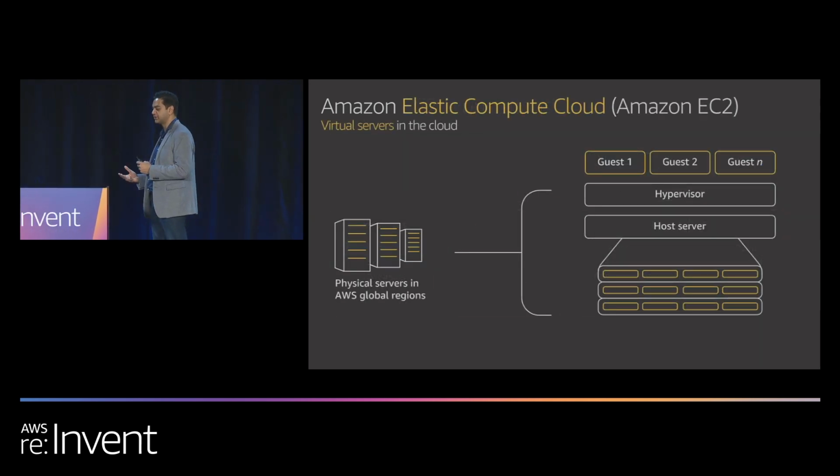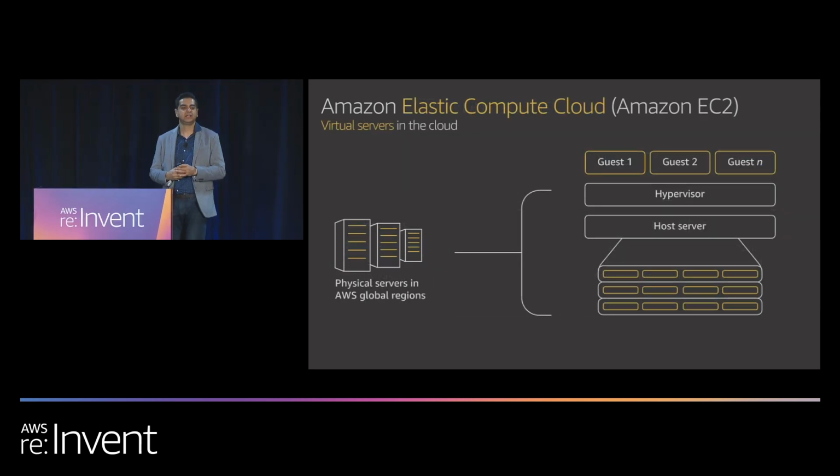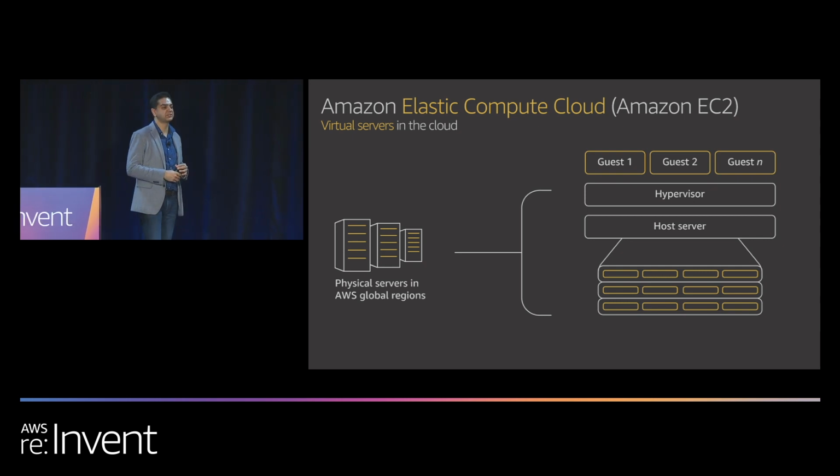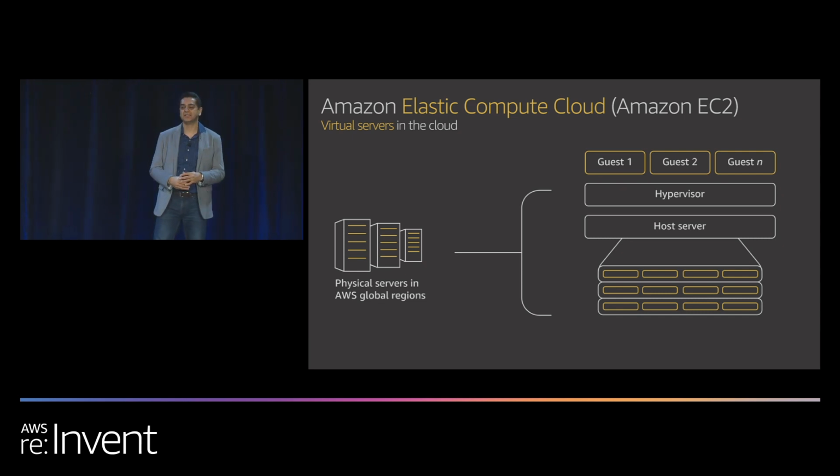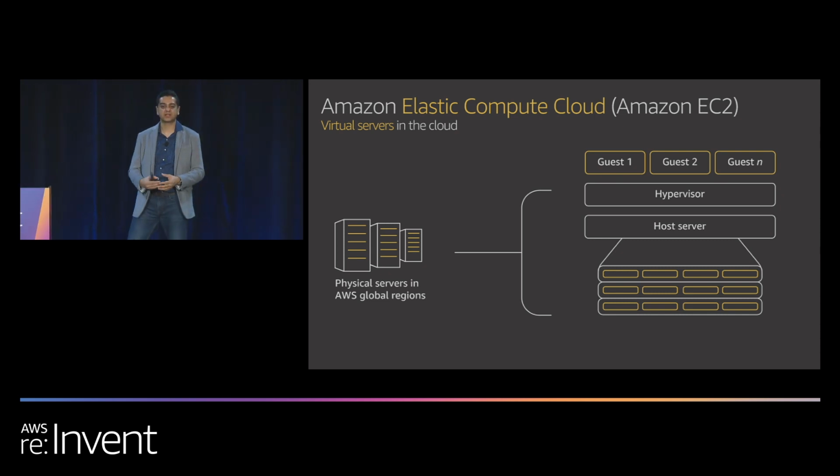So EC2, like I mentioned, is Elastic Compute Cloud. Although sometimes we position cloud as being this nebulous thing that doesn't have any walls or boundaries, reality is that it does go back to racks of compute servers that are deployed in our data centers, right?